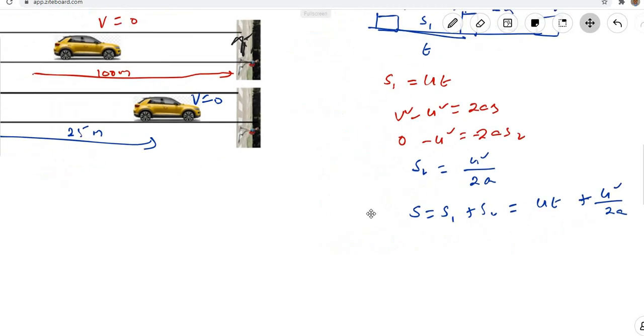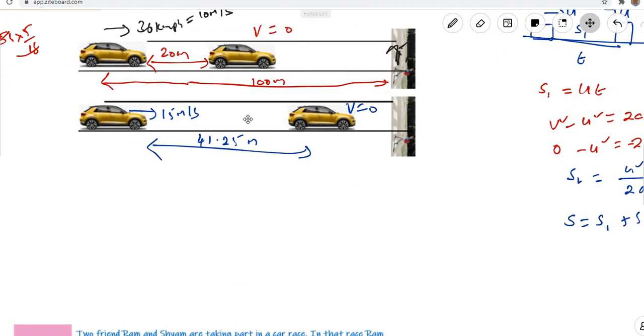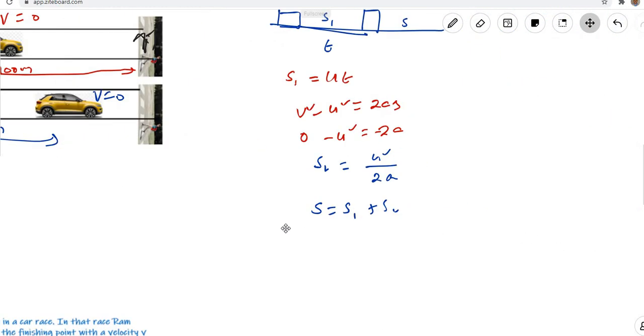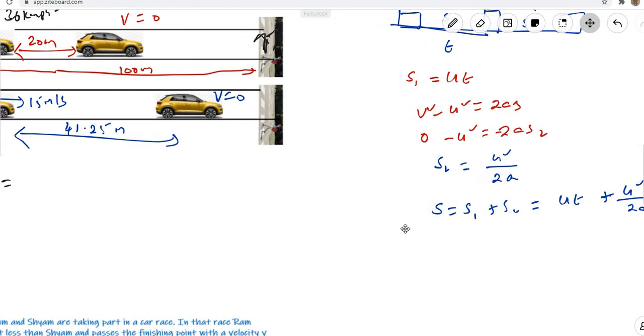Let us look at the first case. In the first case, he is moving with a velocity 10 meter per second and the total distance taken by the man is 20. So first equation will be 20 is equal to, because the total S1 plus S2 is 20. So what is the formula I gave here? What is that equation we got? It is u into t, and this t is called reaction time.